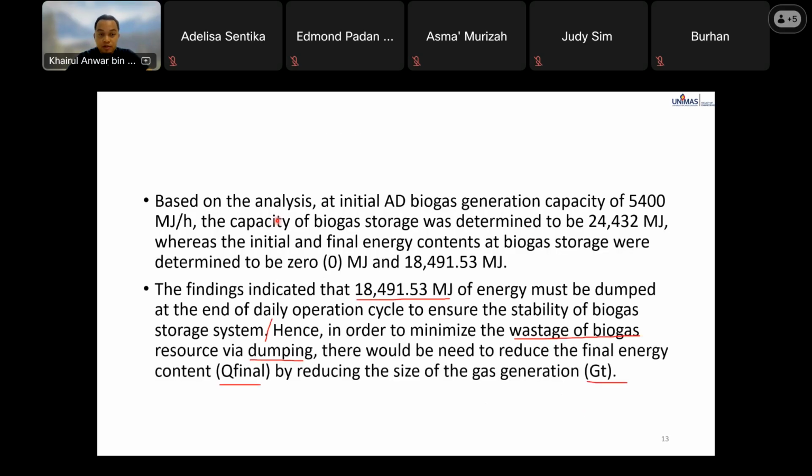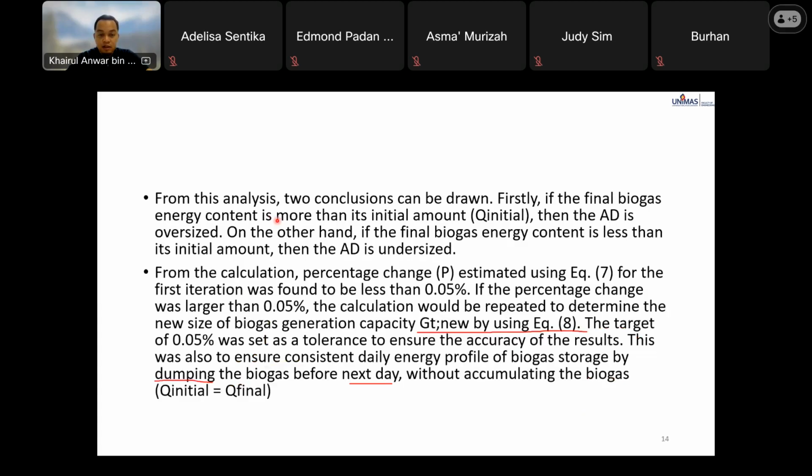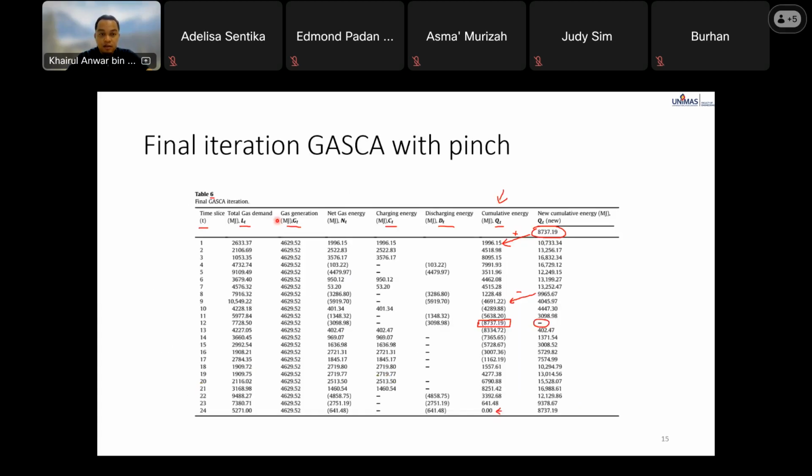So now we go to the final iteration. Before you come to this table 6, there are at least 2, 3 iterations, meaning we need to recalculate once we change the value of this relationship.